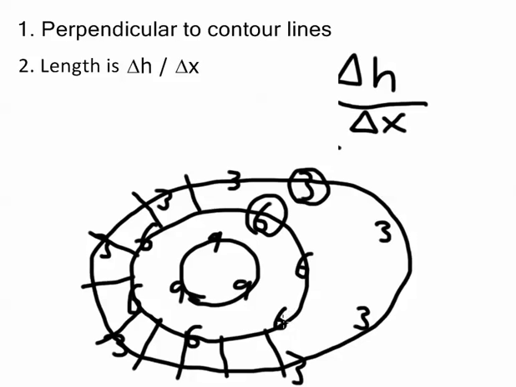And delta X, however, is different. Here, delta X is big, and here, delta X is small. So if delta X is small, that makes delta H over delta X big. That means that these arrows should be big where the contour lines are closer together, and these arrows should be much smaller.